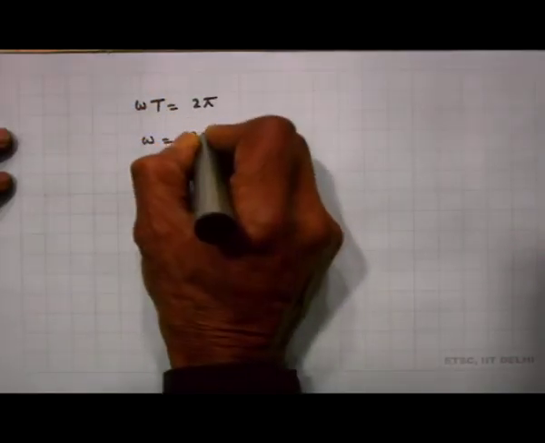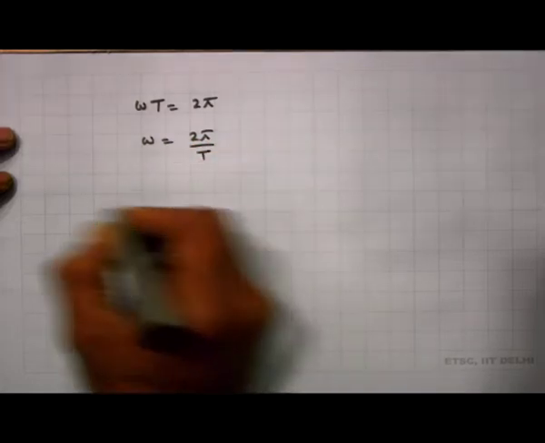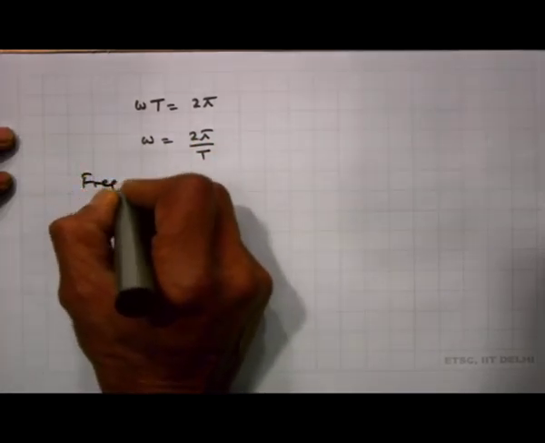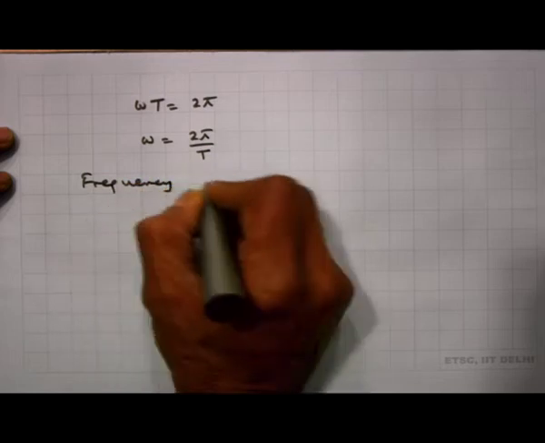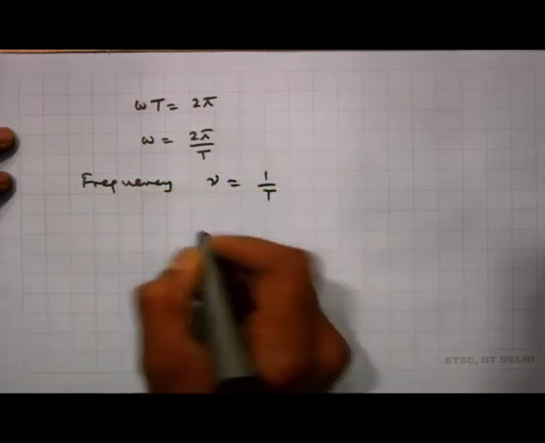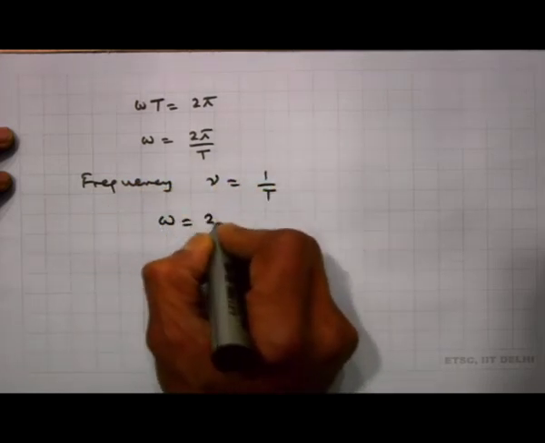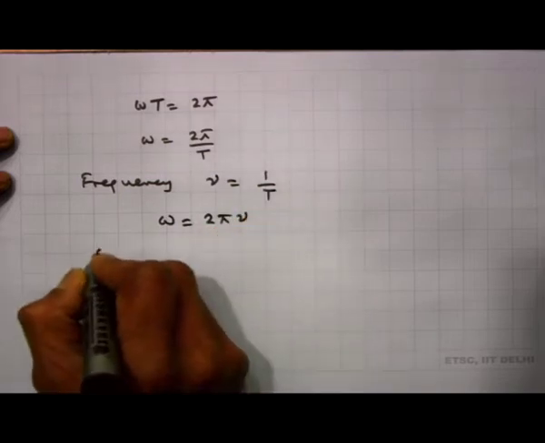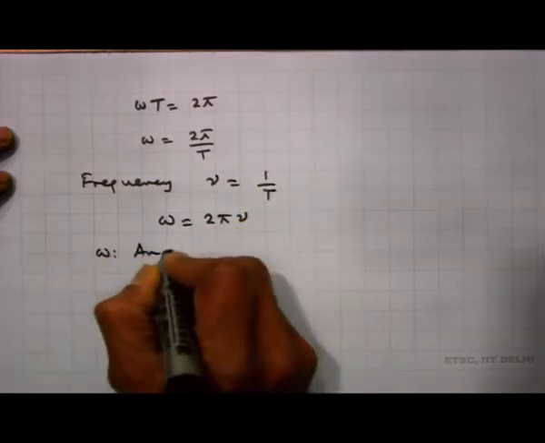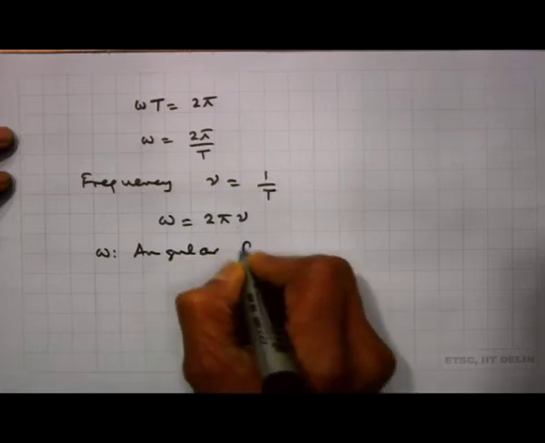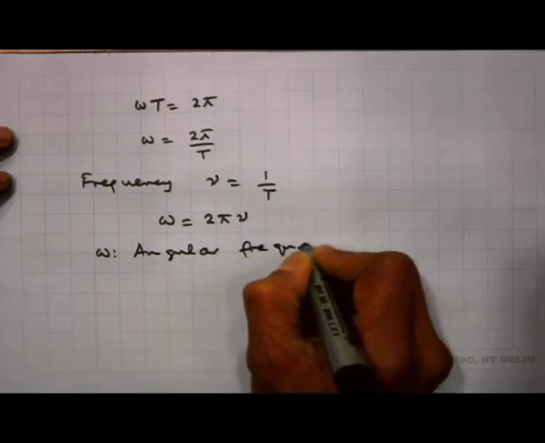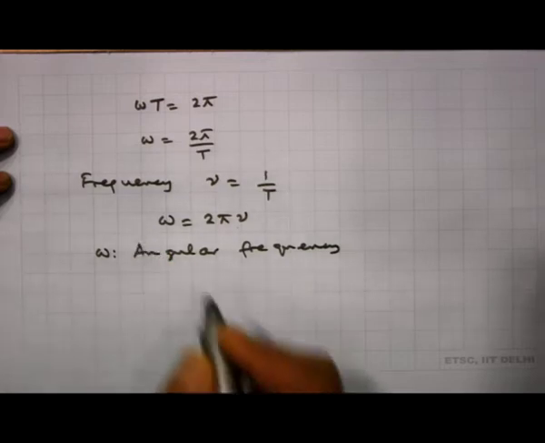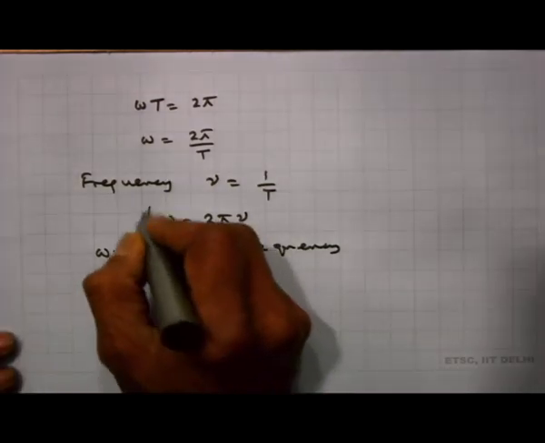So, I can write omega times T is equal to 2 pi or omega is equal to 2 pi by T. And if I call the frequency nu is equal to 1 by T, this becomes omega is equal to 2 pi nu. So, omega is called the angular frequency, and nu is called the frequency. So, omega is equal to 2 pi nu.